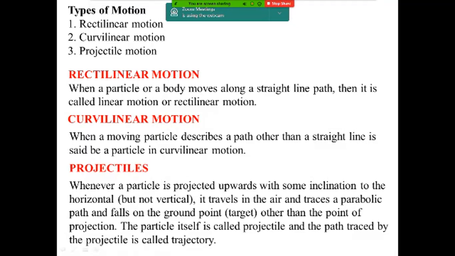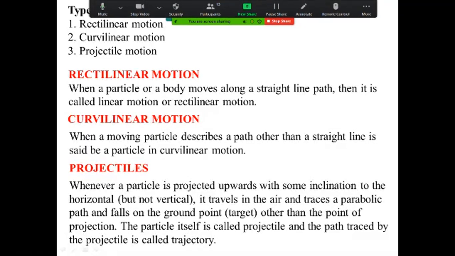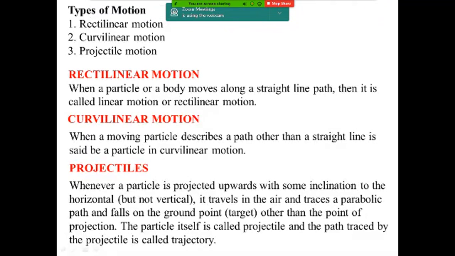First we will see rectilinear motion. When a particle or a body moves along a straight line path, it is called linear motion or rectilinear motion. In this, the body is moving along a straight line.